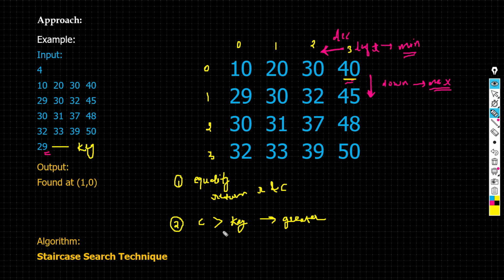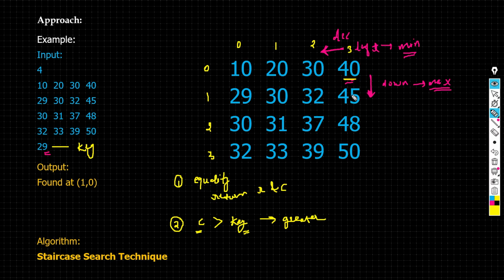If the current value is greater than the searching key value, it means all the elements after the current value in that particular column, that is 45, 48, and 50, must have a greater value than 29. If the smallest element of that column is greater than 29, then all the other elements, being sorted, will also be greater than 29, because 40 is greater than 29.